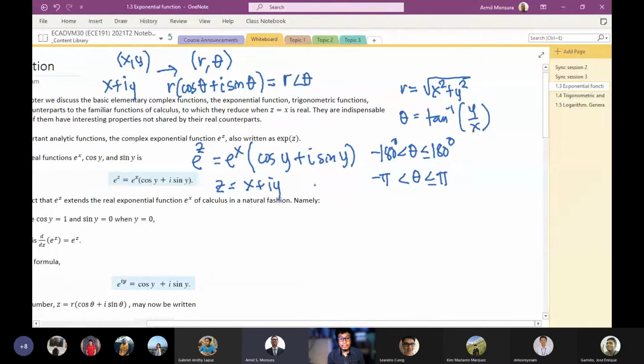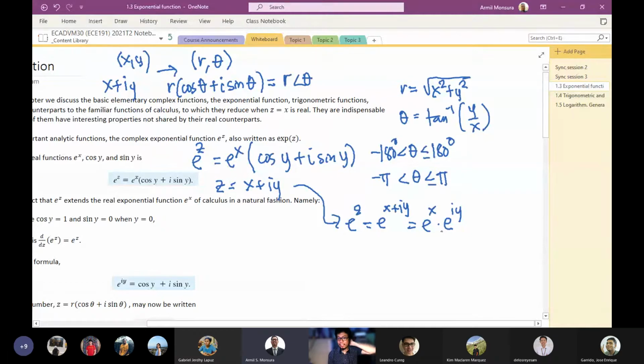This is easy to understand because if we have e raised to z, that means this becomes e raised to x plus iy. Now, by using the properties of exponents, we know for a fact that we can rewrite this as e raised to x times e raised to iy. Is this clear?